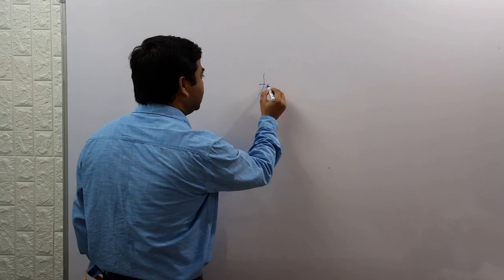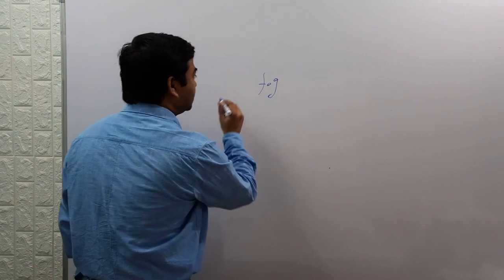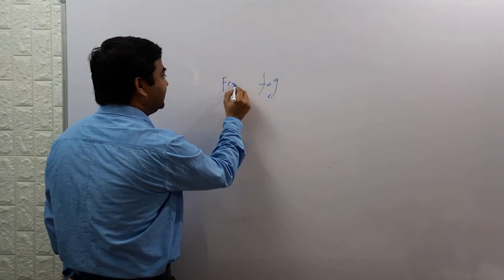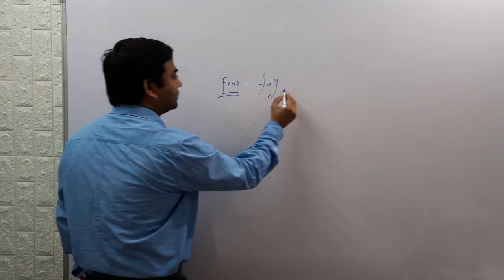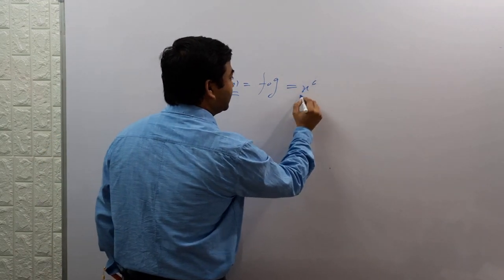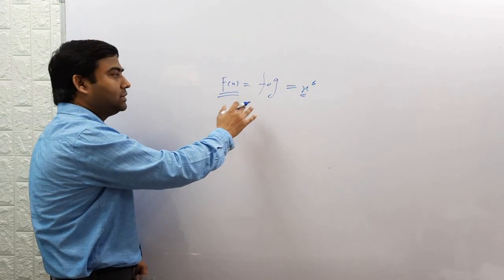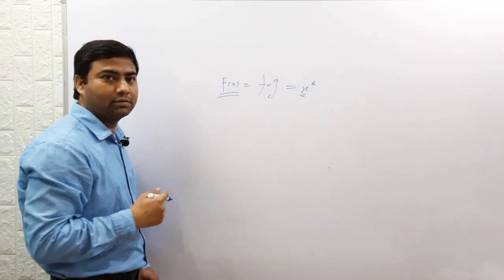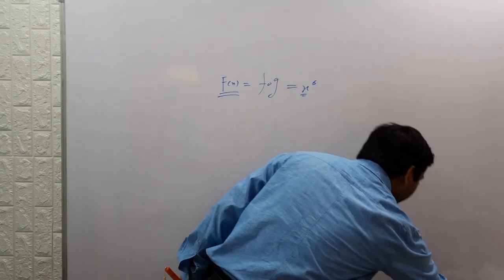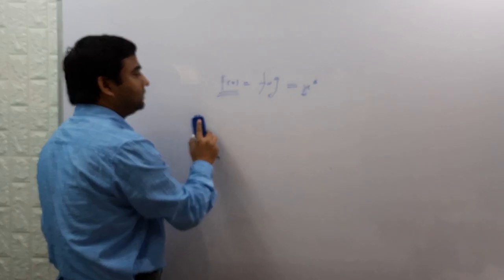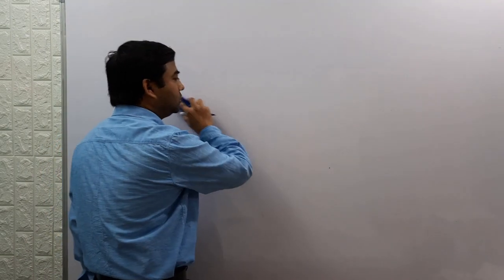We found f∘g, so it can be written as the third function which we have found as x power 6. So composition of two functions is also a function which can be expressed as capital F(x) or whatever nomenclature you want to select, doesn't matter. So these were some basic operations of composition of function.